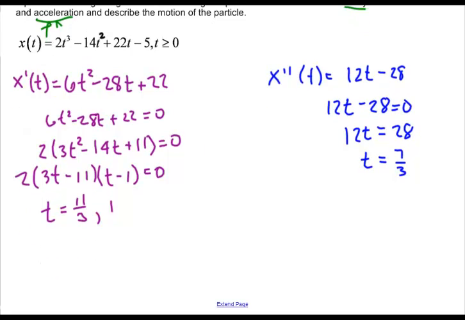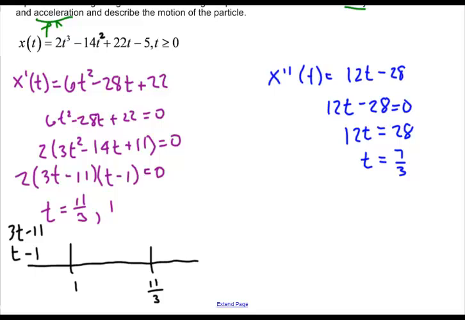And then let's look at simple number lines on these guys. We're interested in what goes on at 1 and what goes on at 11/3. And we're going to check the 3t minus 11, and we're going to check t minus 1. We don't need to check 2. The sign on 2 will always be positive no matter what.